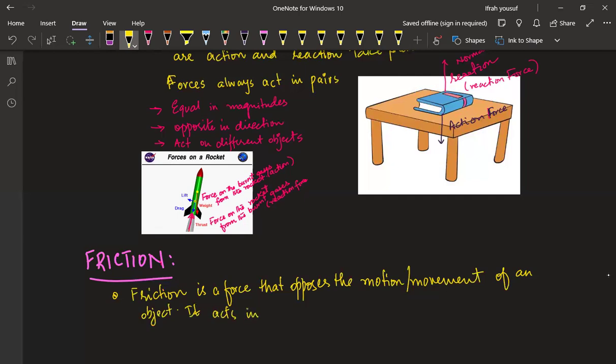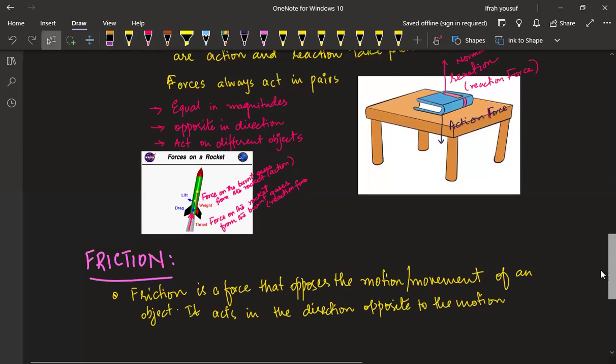It acts in the direction opposite to the motion. That's the same concept that I have already shared with you.